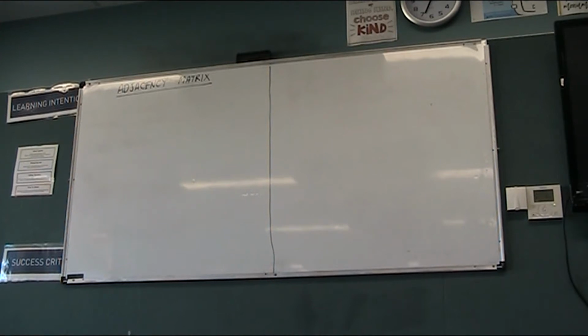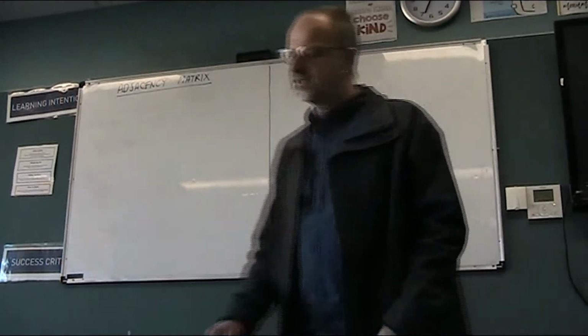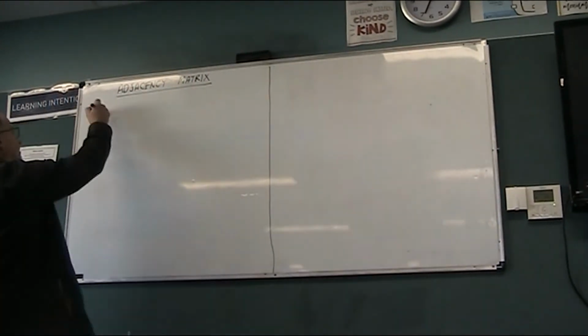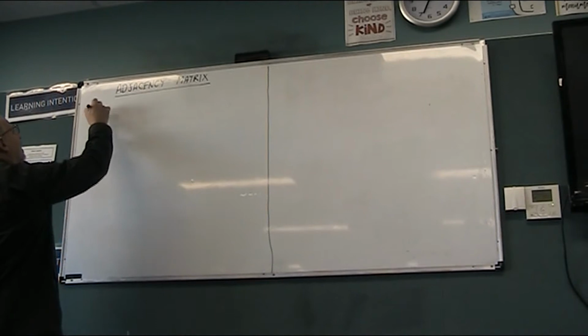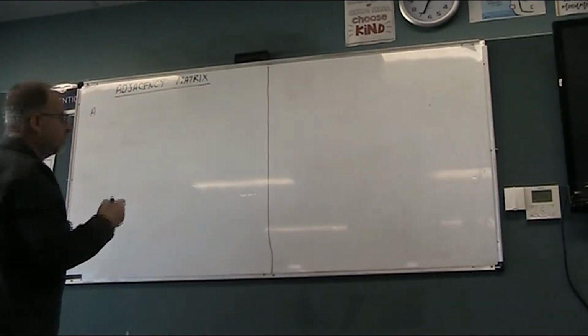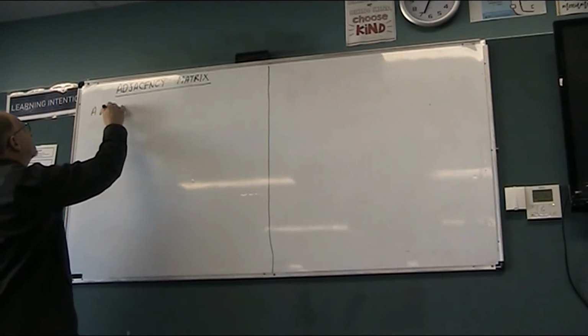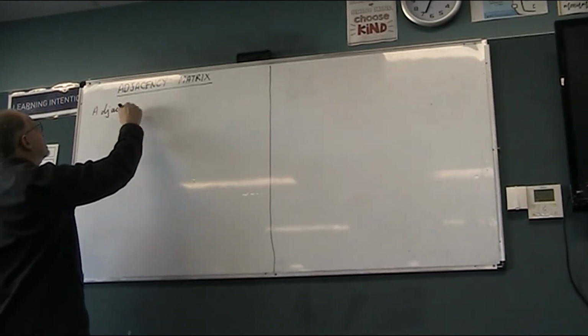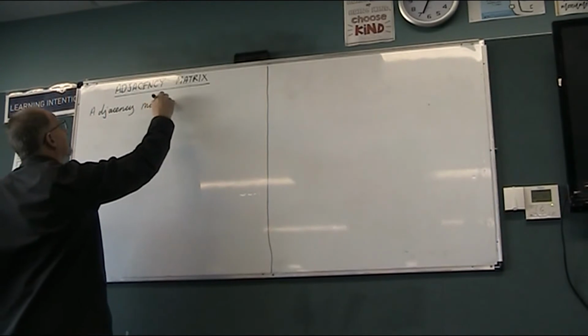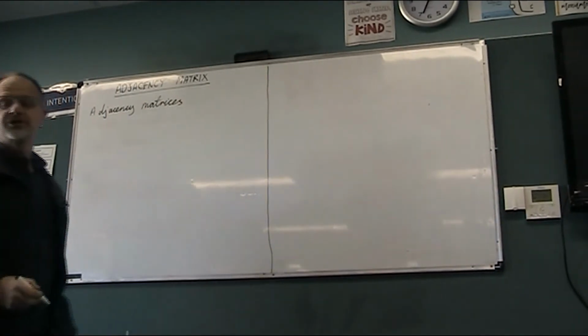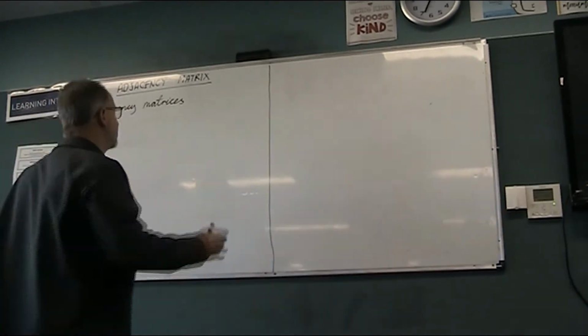All right, your definition sheet, I'll just have to write your adjacency matrix. So definition, an adjacency matrix or adjacency matrices. What they do is they show the connection between vertices.